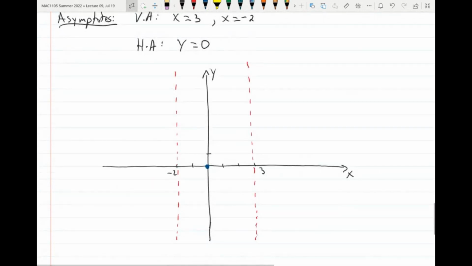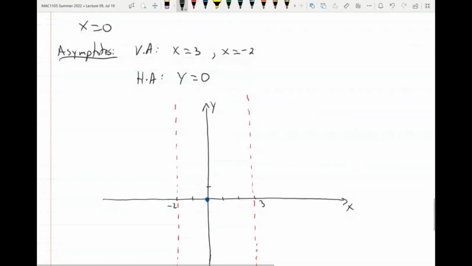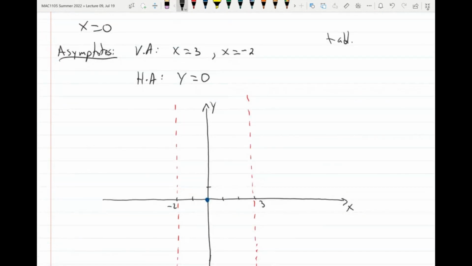Let me make my little table here that is going to help us get a more precise graph. So x, y, and then it's always good to label the type of point that you have. For example, we found 0, 0, and that's our x-intercept, and it's also the y-intercept. The rest are going to be test points that we're going to use.